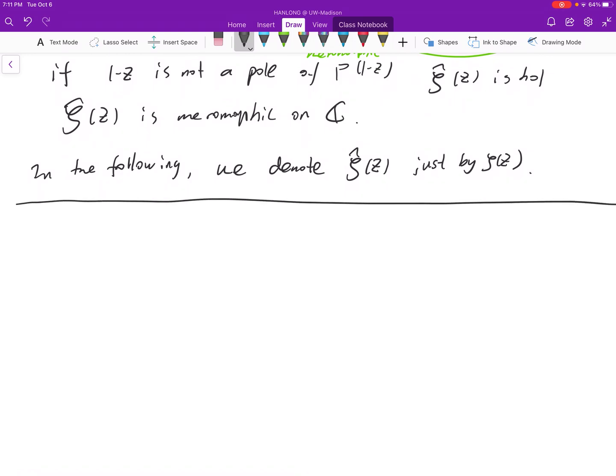So next, what are the singularities of zeta z?